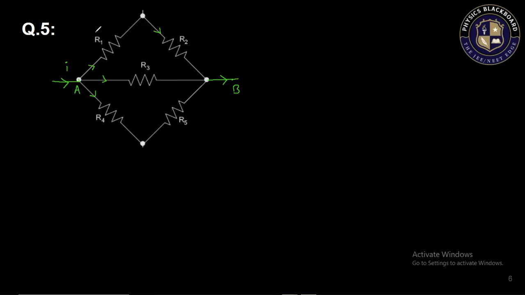So across R1 and R2 the current is the same, and we can say that R1 and R2 are in series connection.